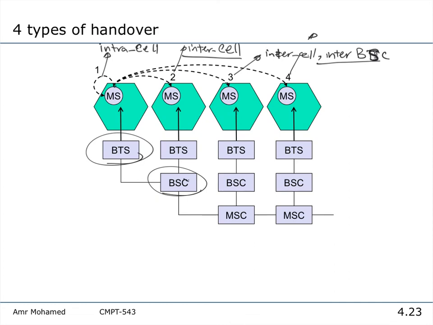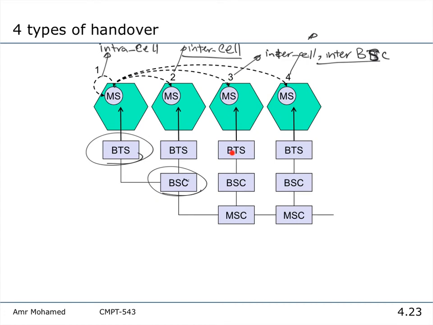Okay? Third one, yes. It's controlled by the first one. Why are there three? Why are there two? It is always like that, MSC to BTS to BSC to MSC, right? I see them all as BTS. Everything is mixed together. So yeah.